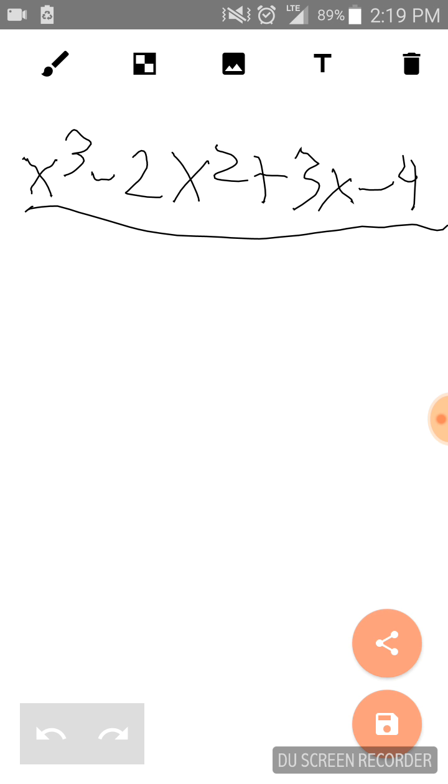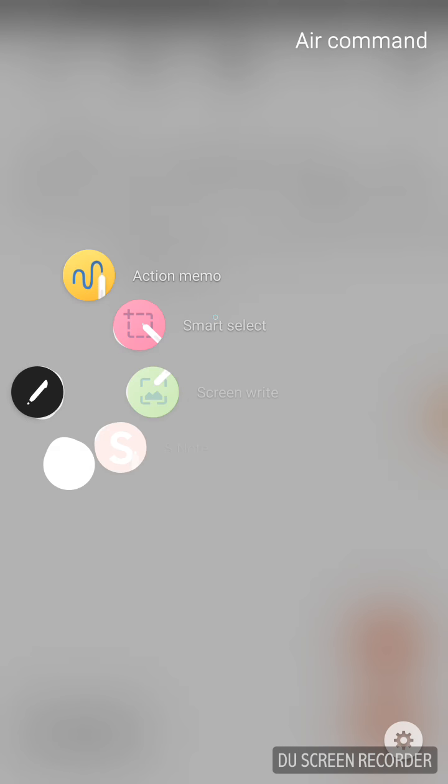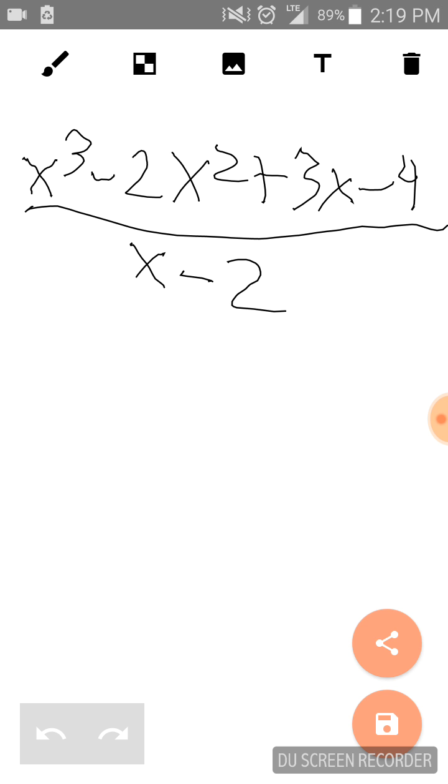Now you're going to see it's 3x cubed minus 2x squared plus 3x minus 4. And then you're going to divide it by x minus 2. So now that's x minus 2.